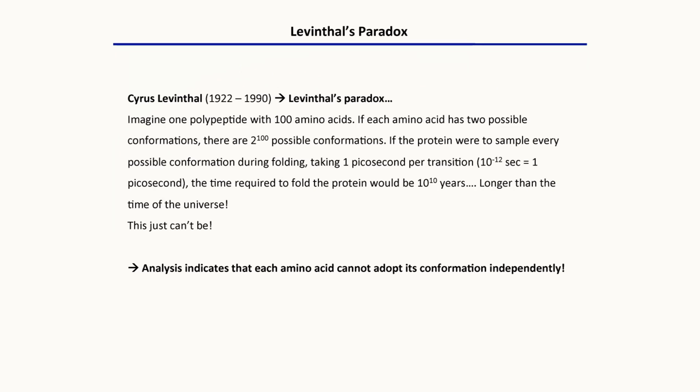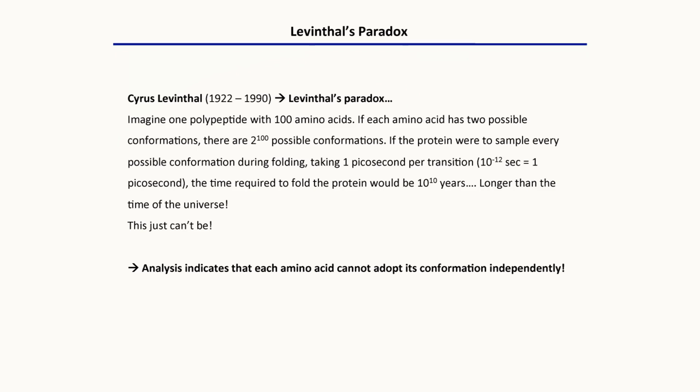So if that polypeptide were to sample every possible conformation during folding, taking just a picosecond per transition, the time required to fold the protein would be what? Based on his back of the envelope work, it would be ridiculous, longer than the time of the universe, right? And that tells us that just can't be how this works.